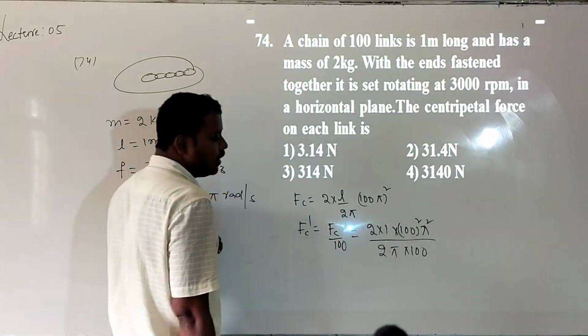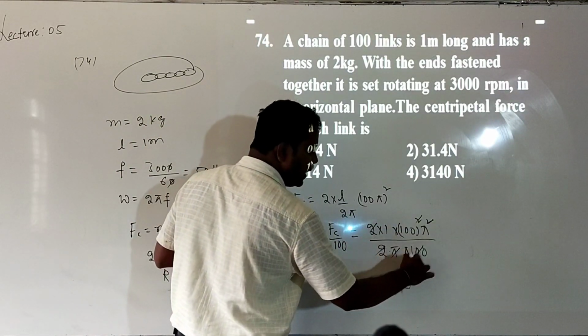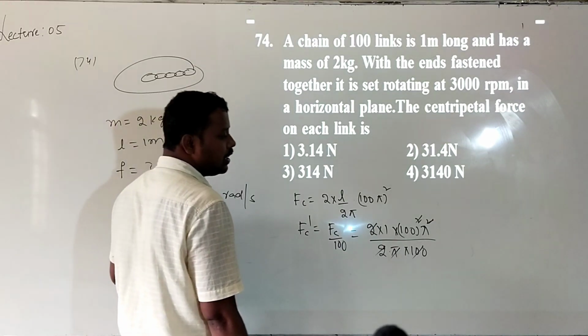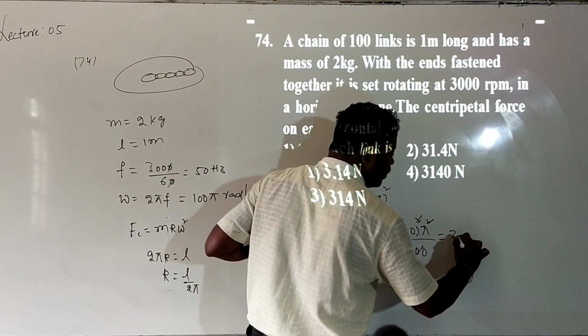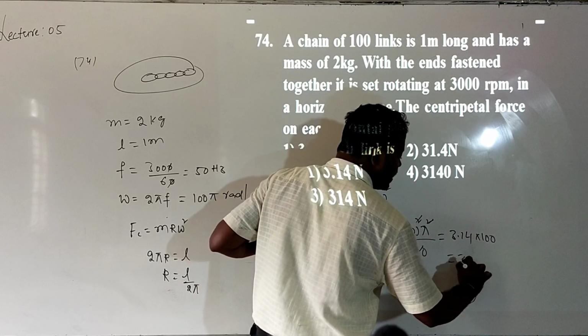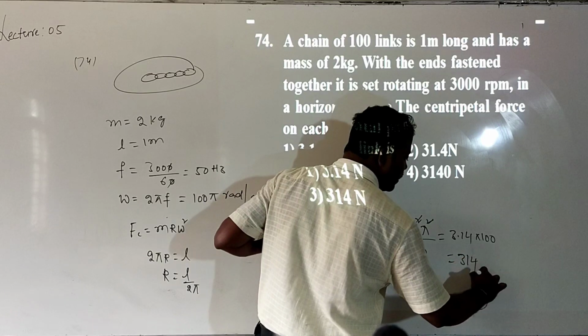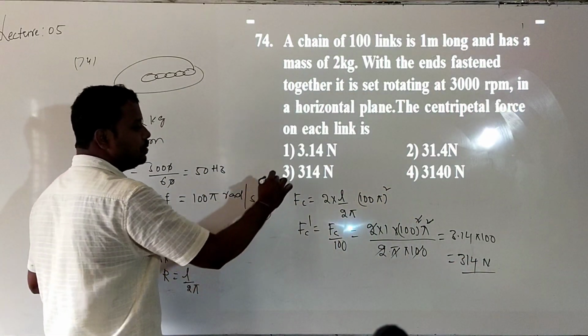Understood now? Then 2 cancels, 1 pi cancels, 100 cancels. What is left is pi into 100. Pi value 3.14 into 100 gives us 314. So which option? That is the third.